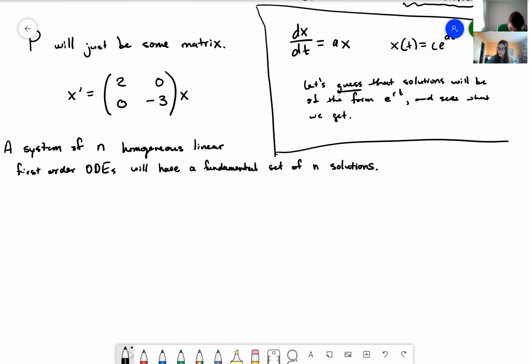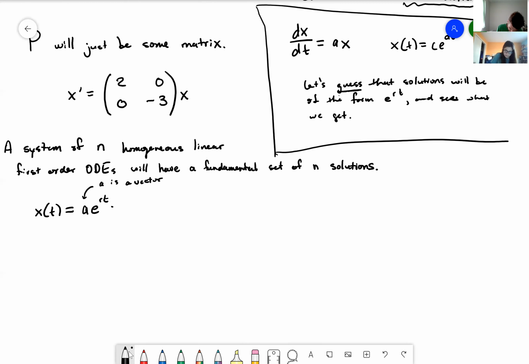Okay, so what do we get if we have, let's say, our proposed solutions x of t equal to a e^(rt), where a is a vector?